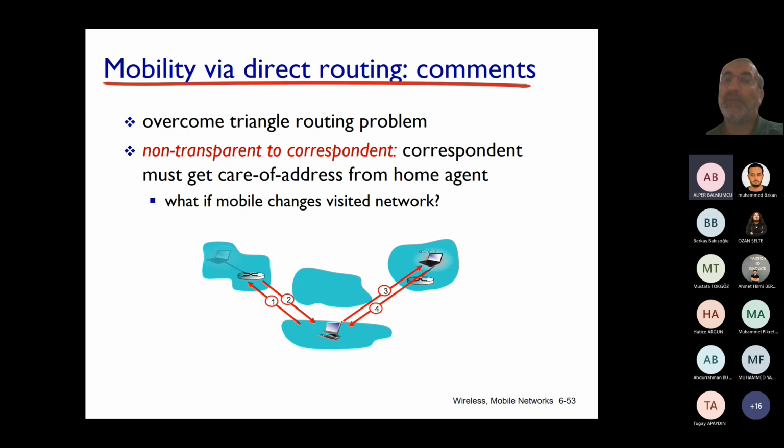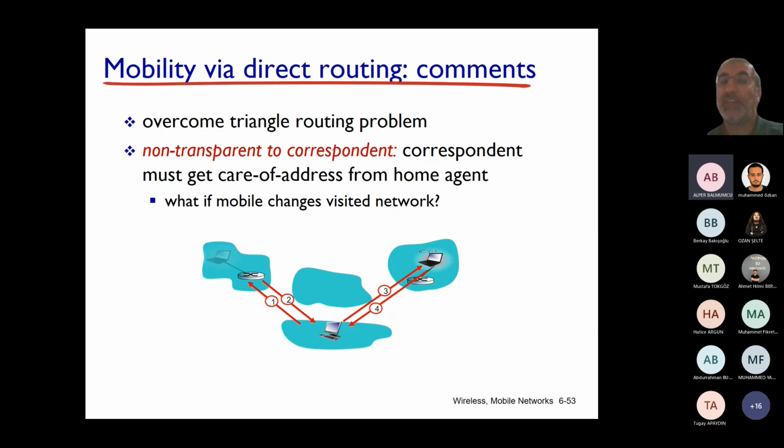So direct routing solved the triangle routing problem that we mentioned. Direct routing is non-transparent to the correspondent. Now the correspondent knows exactly your care of address. So that solved the triangle routing problem.